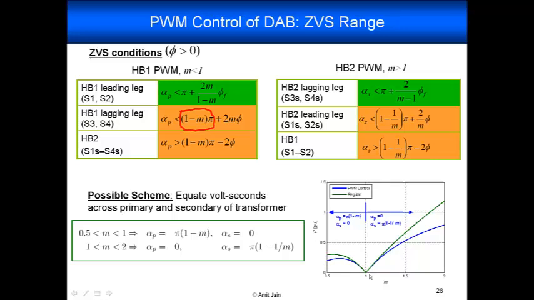Without PWM we had the green boundary, with PWM we have the blue boundary. So you can see that when m is close to 1, we are not really gaining much, but as we go away from 1, if the input and or output voltage is varying significantly, then we start gaining quite a bit in the ZVS range.